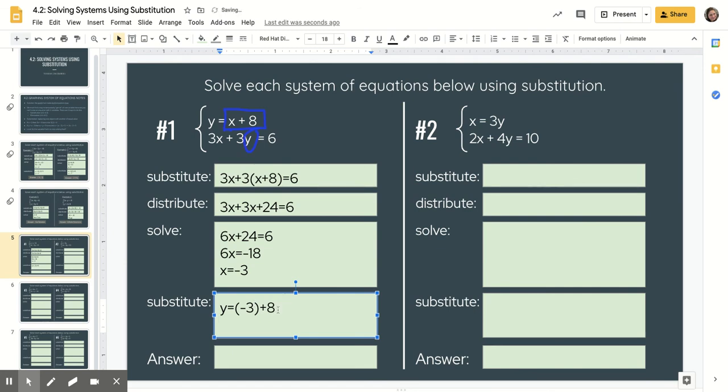And you should too because it helps you make sure you get the right answer. Now, negative 3 plus 8 is 5. So x equals negative 3, y equals 5. Down here at the very end, you write your answer, x first, then y. Make a point using parentheses. Okay? Your job is to do the next 5 and ask me questions if you have them.